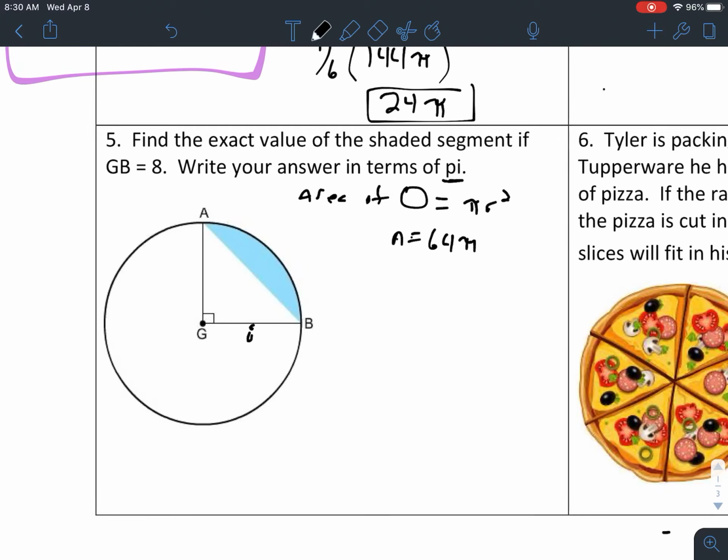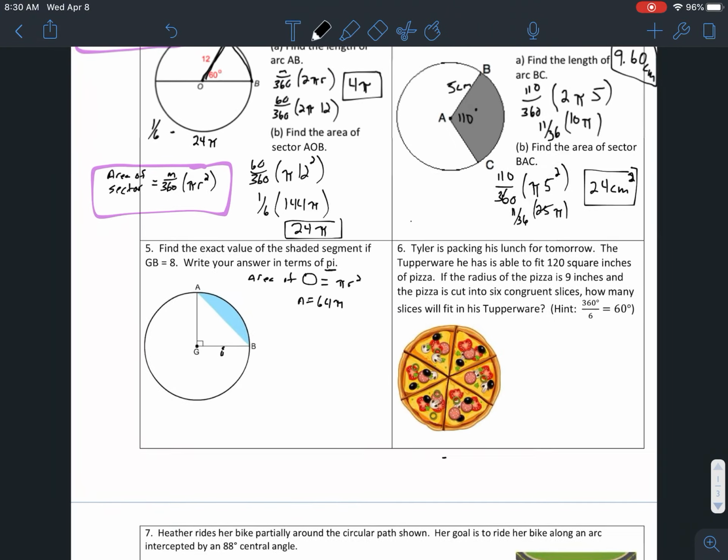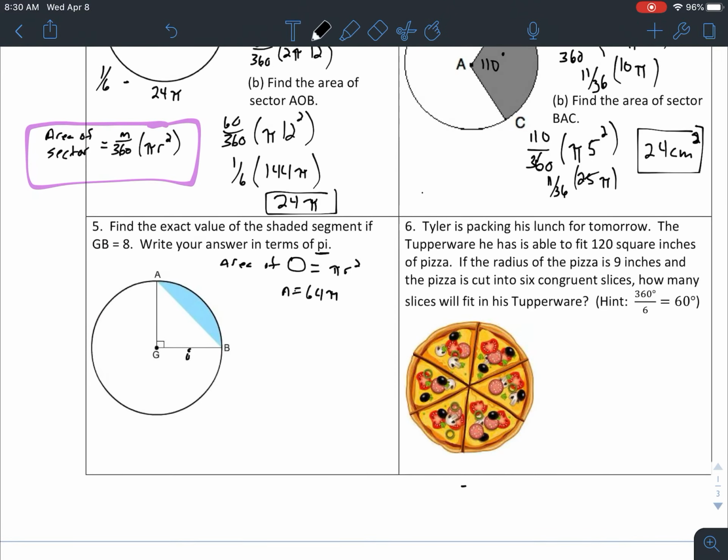Actually, we got that. We're going to find out an area of a sector, okay? So we're going to use our formula up here and find out. So the way we're going to do this is that we know that the area of this is 64.